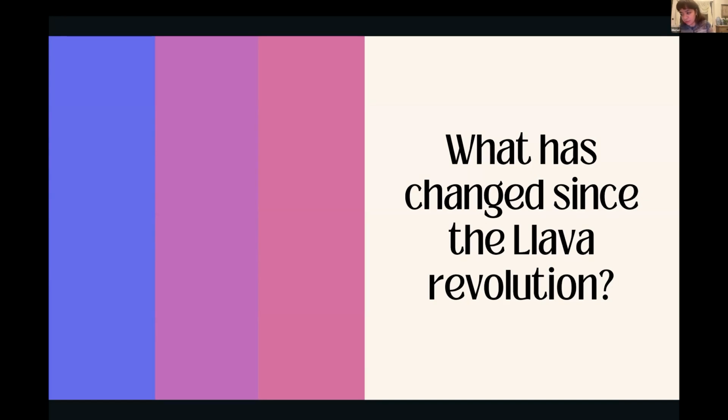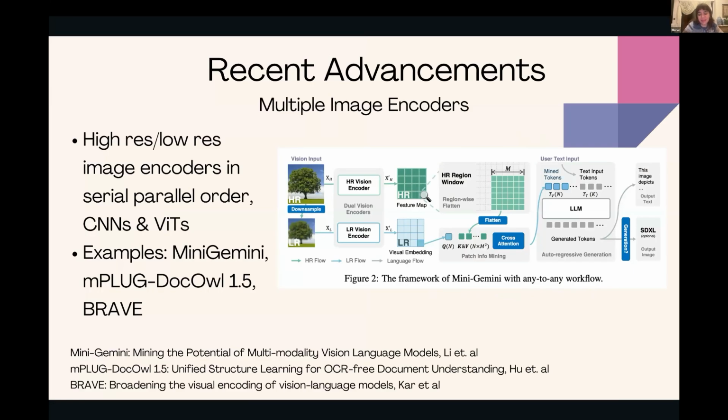My favorite part of this talk is what has changed since the LLaVA revolution. And I'm going to talk a bit about some recent trends. So basically, I read a lot of vision language model papers this year, and I wanted to compile the common trends that I saw in those papers.